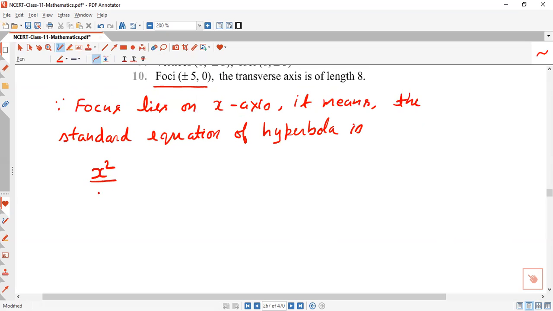So x square upon a square minus y square upon b square equal to 1.